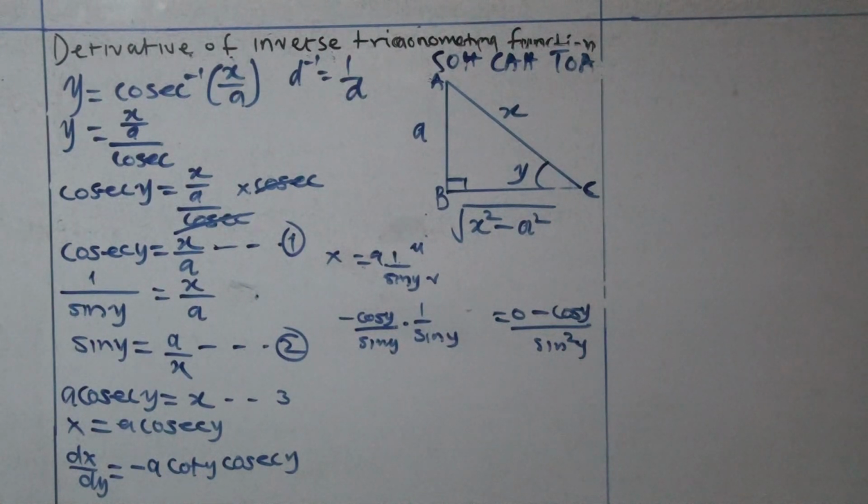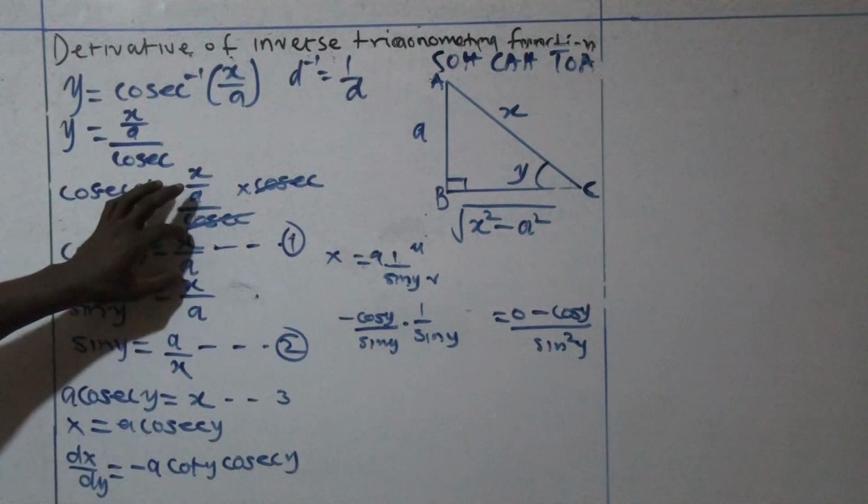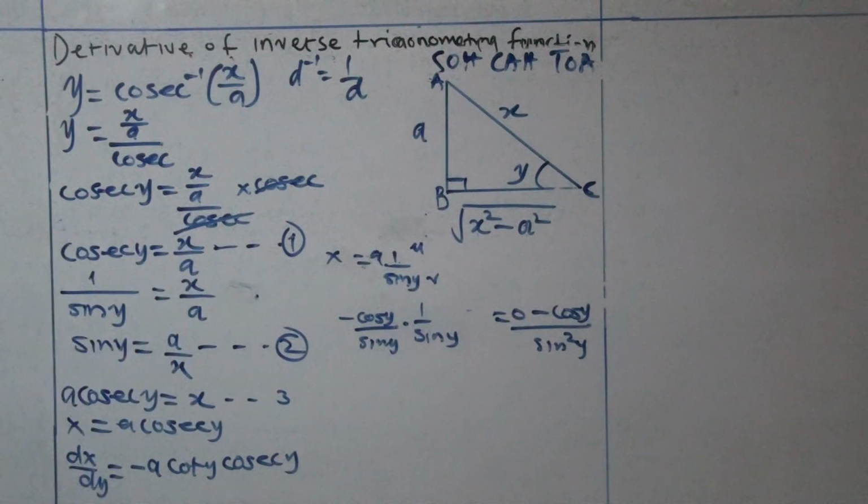And we've already seen that cosec y here is x over a. So we'll put it here. dx over dy is equal to minus a times the value of the ratio of cosec, which is x over a, times cot.